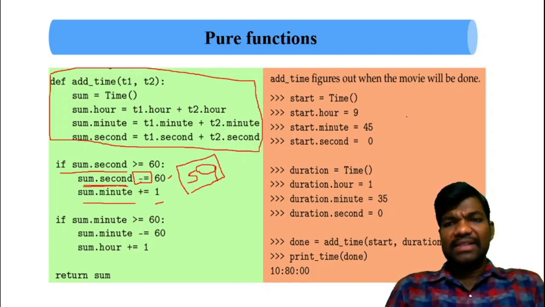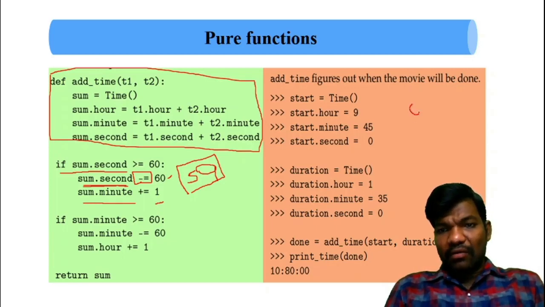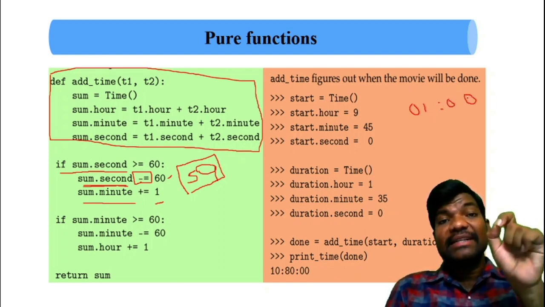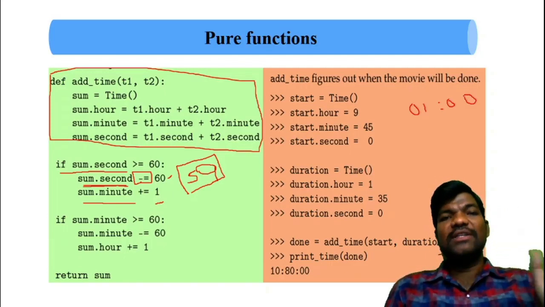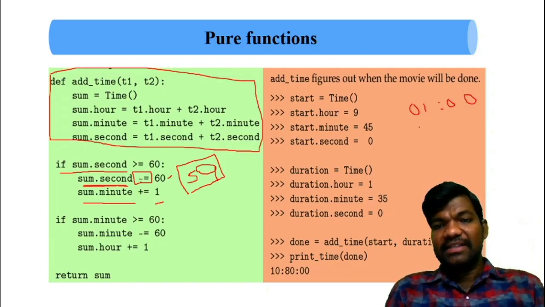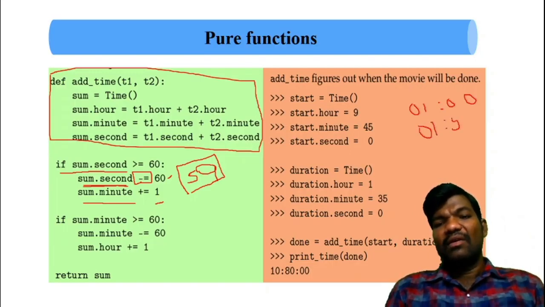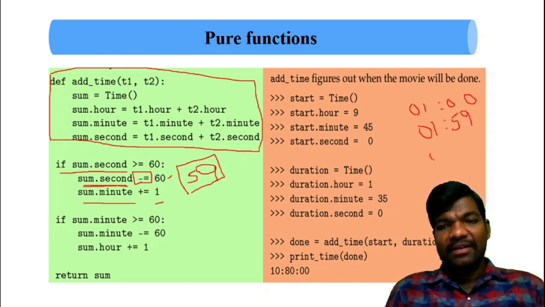So consider a small example. This is 1 minute. What about 1 minute 60 seconds, is it possible? Not possible. 1 minute 59 seconds is possible. After that, what will happen?